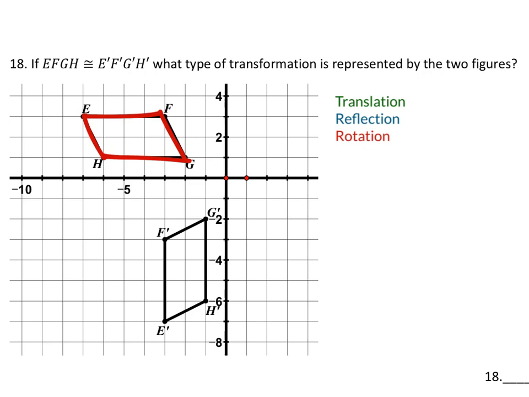But then I would maybe, hopefully, try some kind of rotation, right? So if I take this shape and I rotate it down, it's not perfect, but it's just because my drawing isn't great. But we can see that it does map onto the other shape right there. So this one is a rotation. Again, it didn't ask where the center of rotation was. It's just a rotation. All right.